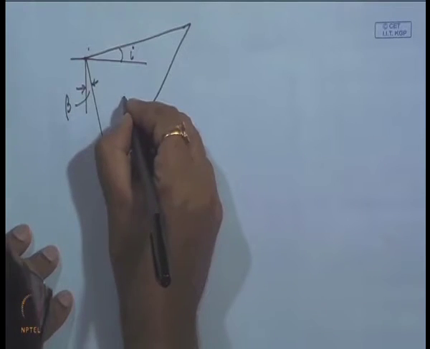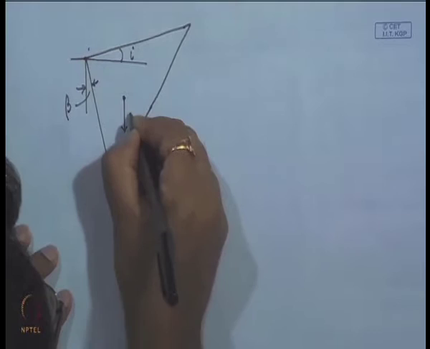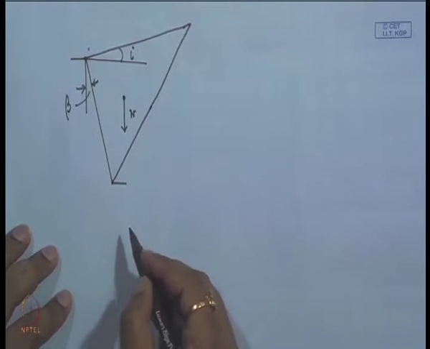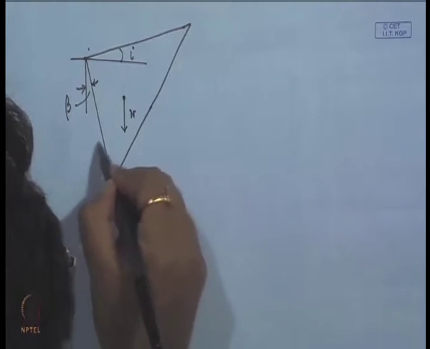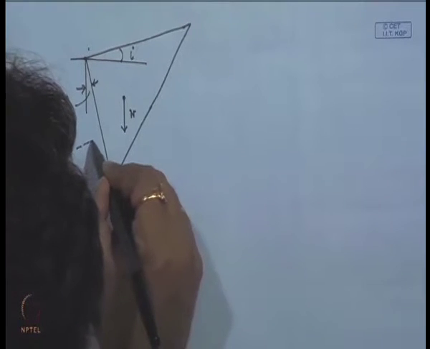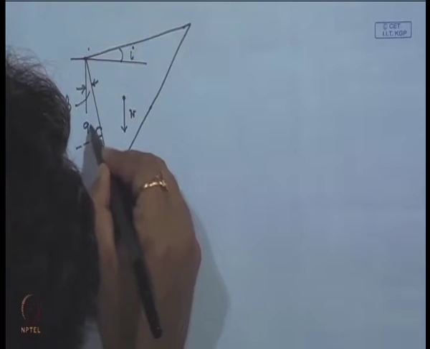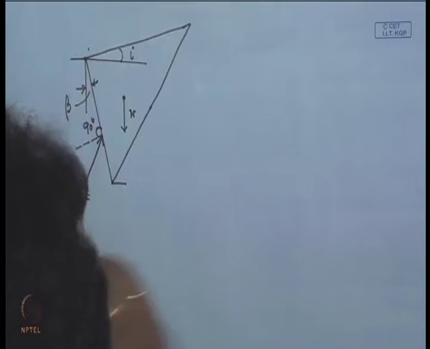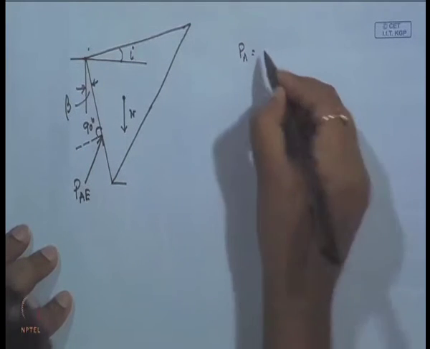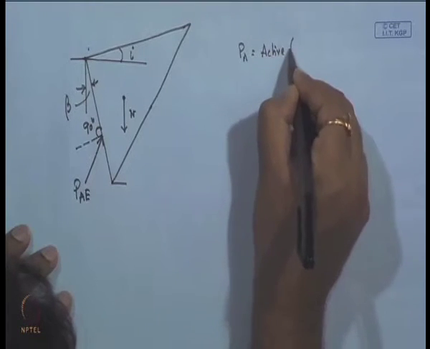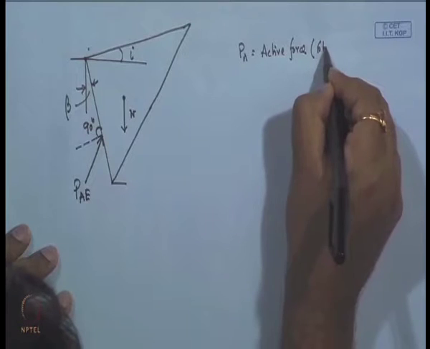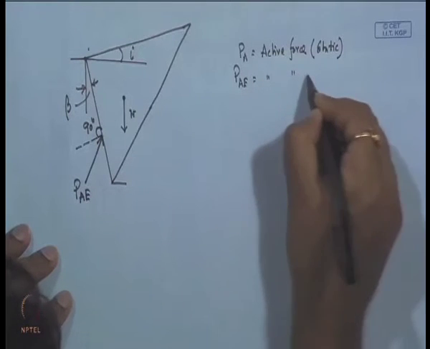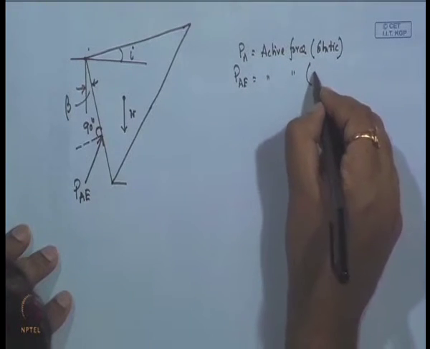Now, suppose in the static condition the weight of this failure zone is W. W is the weight of the failure zone, and similarly this is the normal to the back of the wall, this is 90 degrees. Here PA is the active force in the static condition, and PAE is the active force in the earthquake or seismic condition.